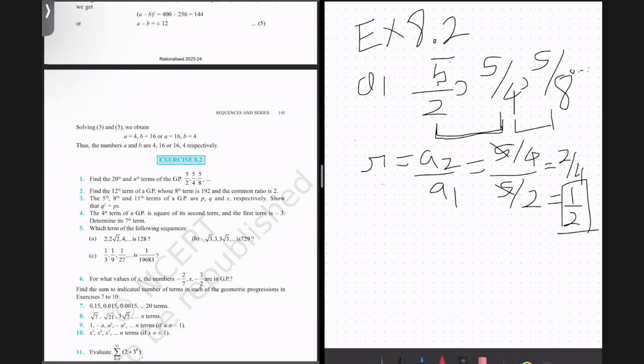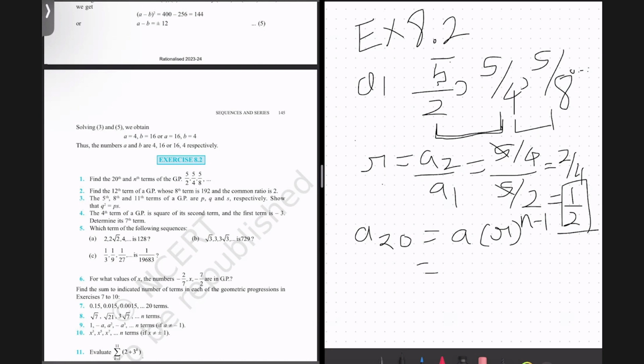For a GP, any term can be described by the relation A of n equals A r to the power n minus 1. So the 20th term in this particular GP is going to be A of 20, described by A r to the power n minus 1.